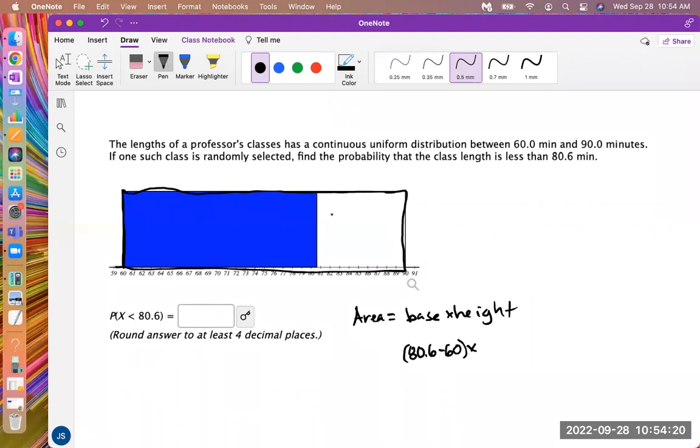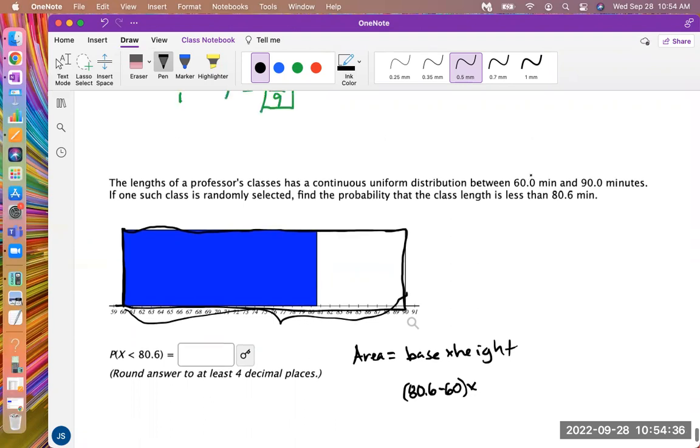So that means that the base here is the length over the entire uniform distribution.